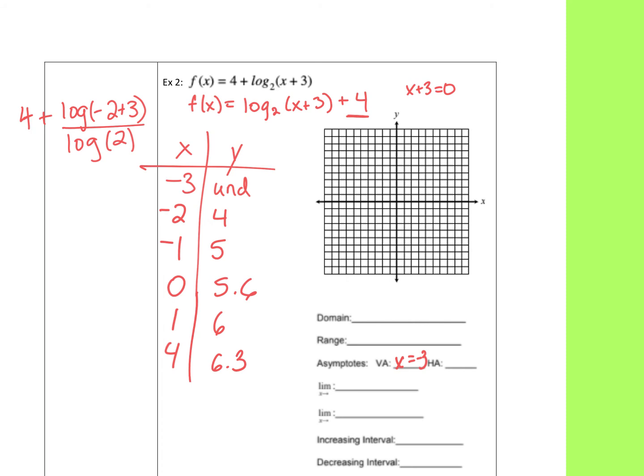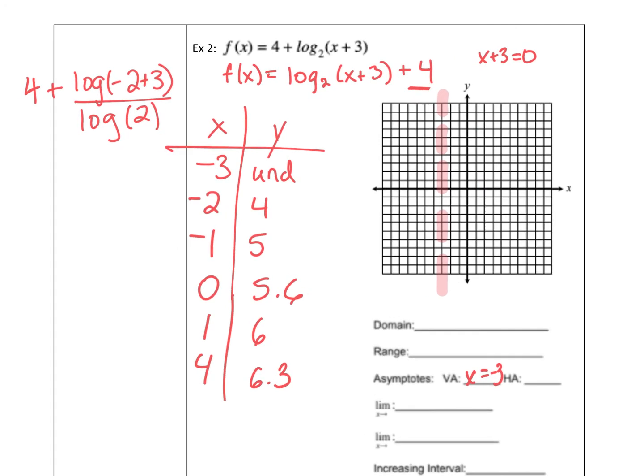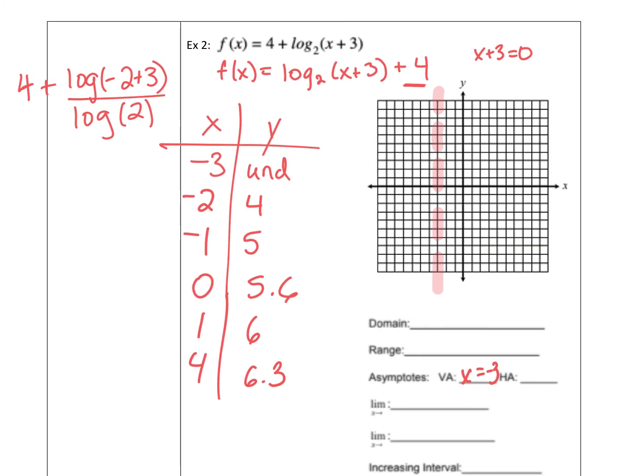So we draw our asymptote. I got 6.3 for 2. You got 6.3 for 2? You might be right.